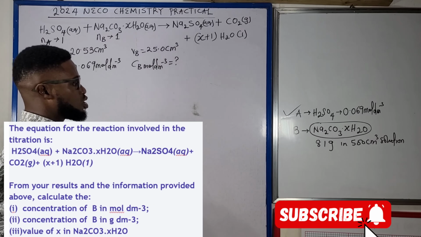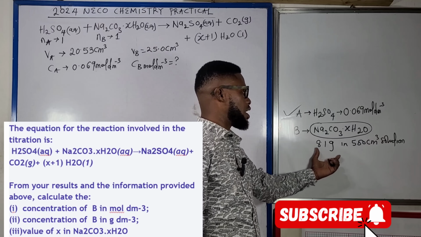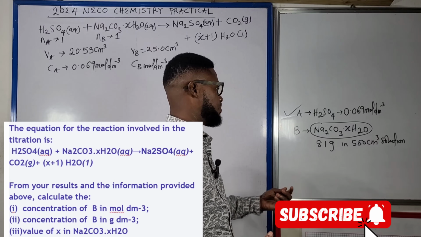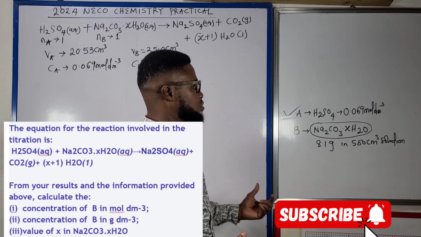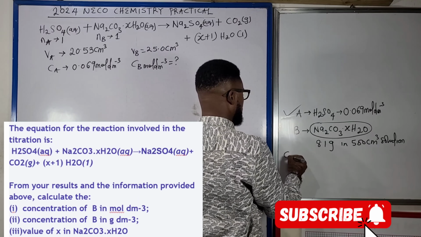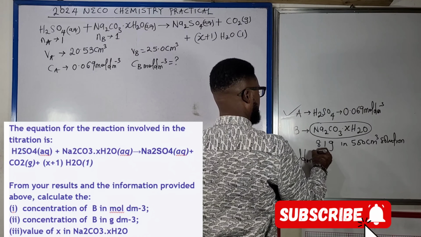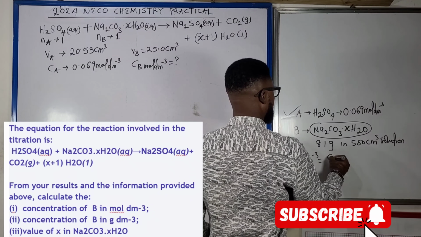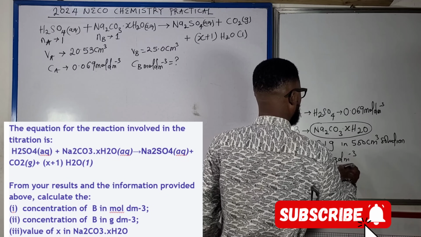So someone will tell me, is it not possible for me to have looked for the concentration in mole per dm cube here? I wouldn't have been able to. Recall that concentration in mole per dm cube is actually concentration in gram per dm cube divided by the molecular mass.